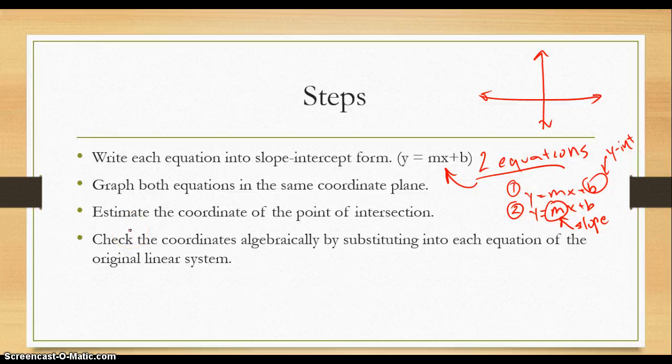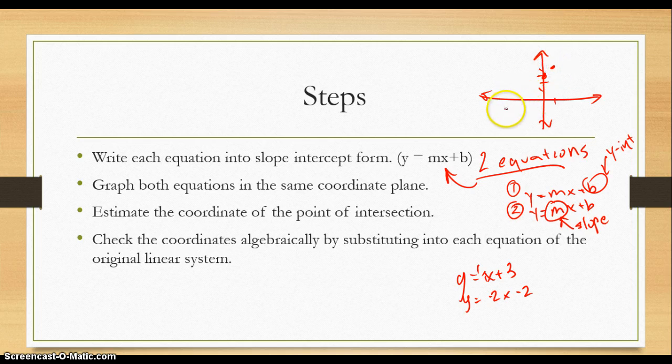So for example, let's say that I had y equals x plus 3 and y equals negative 2x minus 2. So the first one I would start at 3 here, and I know that I'd have that dot there, and my slope is 1 over 1. So I know I'd go up 1 over 1, and I'd have that dot there.